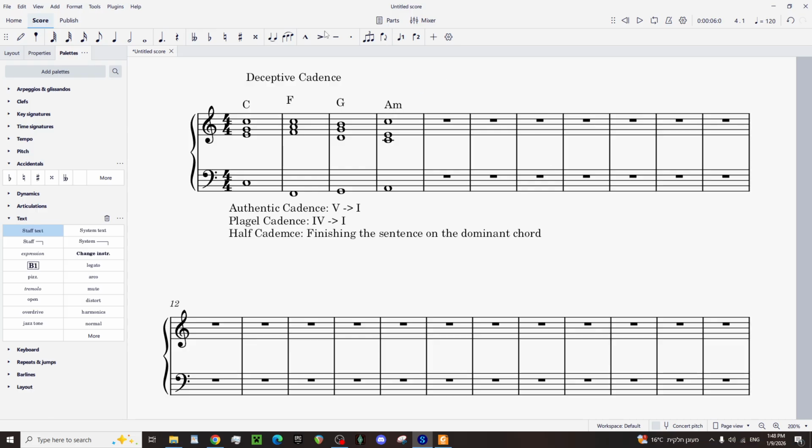So in the deceptive cadence, why do they go to the sixth degree? Because it has a C chord. And in this case, the C chord is doubled. So it gives the feeling of a tonic without it actually being a tonic.